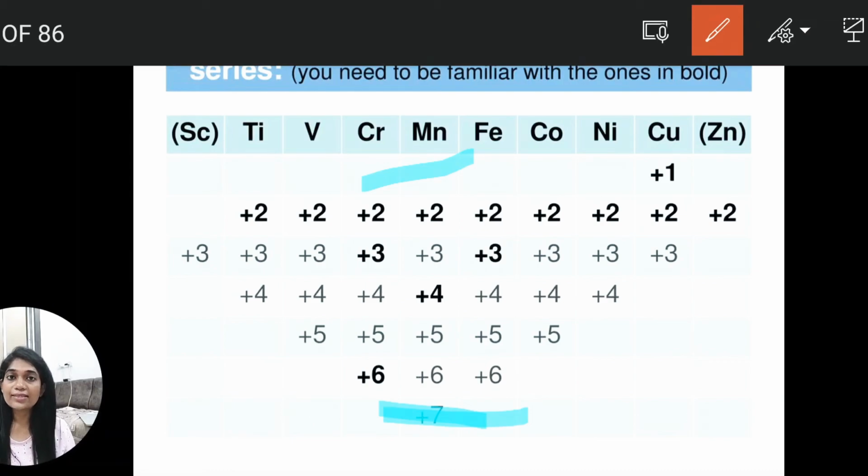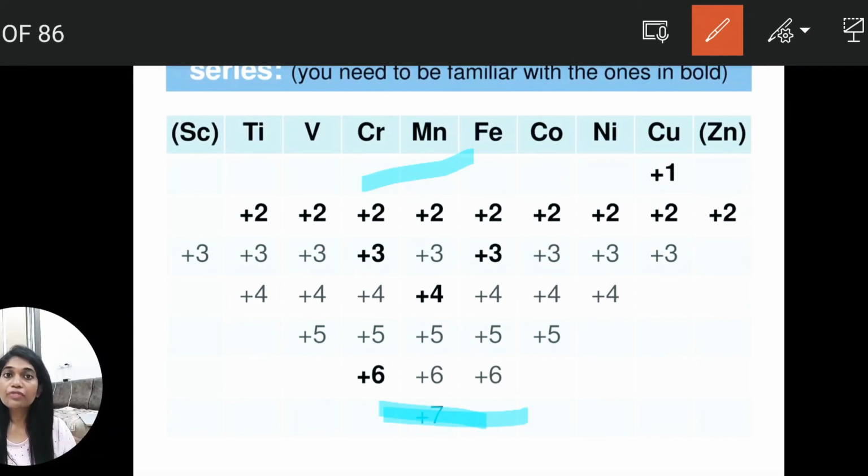Now, why is there a variable oxidation state in the case of transition elements? Because there are 1 to 10 electrons present in their d orbital, so they easily lose electrons. What is oxidation state? Oxidation state is the charge on that particular element.